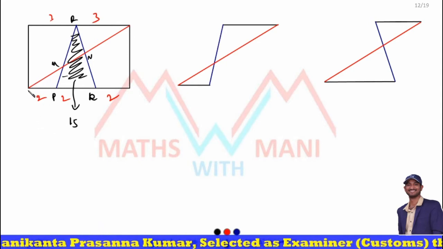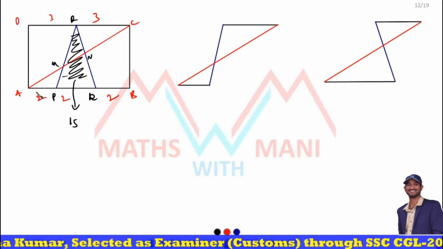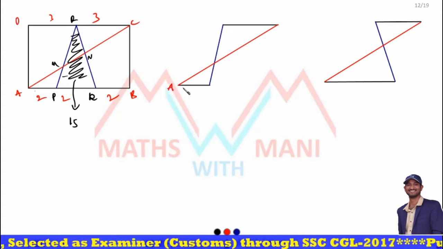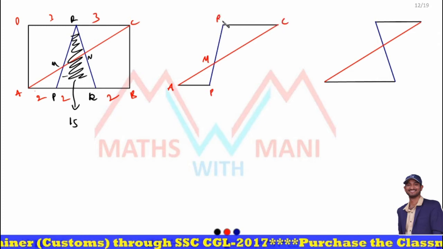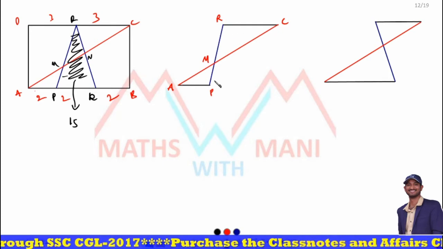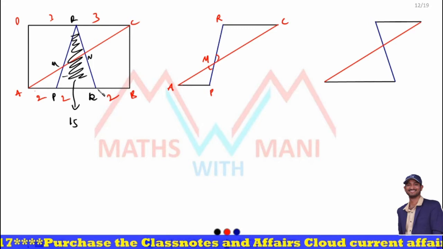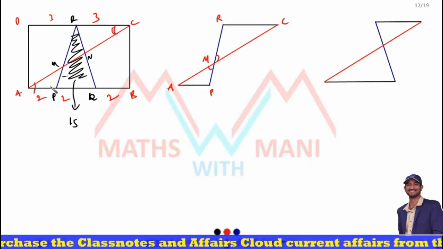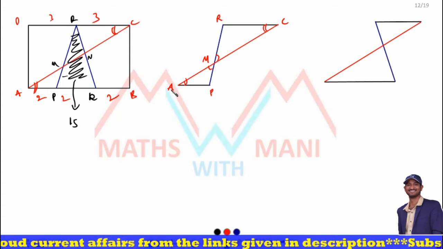Now I'll take the similarity between the triangles. AP and it is M and it is C and it is R. Can we say that triangles AMP and CRM are similar? Of course, these two angles are equal, angle A and angle C. So if two corresponding angles are equal, then we can say those two triangles are similar.